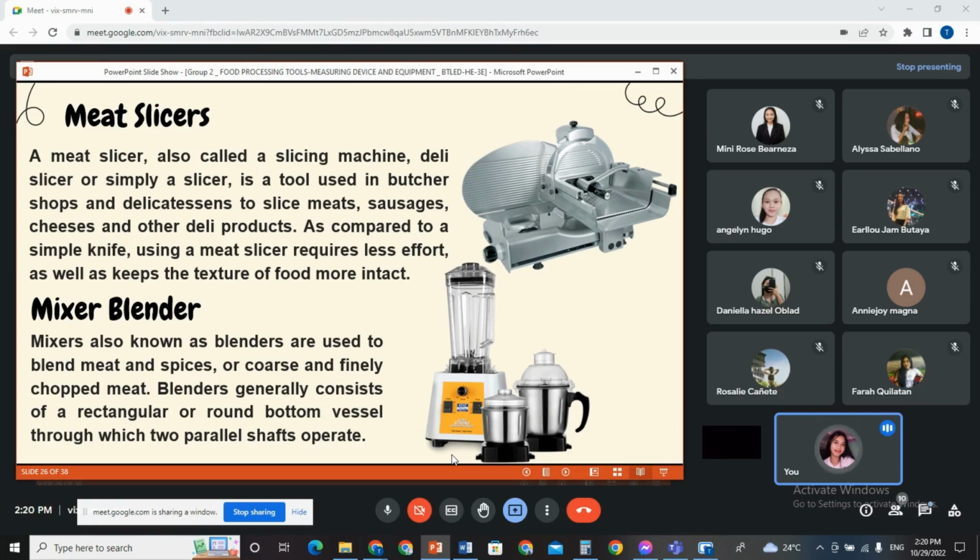Next, we have mixer blender. Mixers, also known as blenders, are used to blend meat and spices or coarse and finely chopped meat. It is also a kitchen and laboratory appliance used to mix, crush, puree, or emulsify food and other substances. Blenders generally consist of a rectangular or round-bottomed vessel through which two parallel shafts operate.